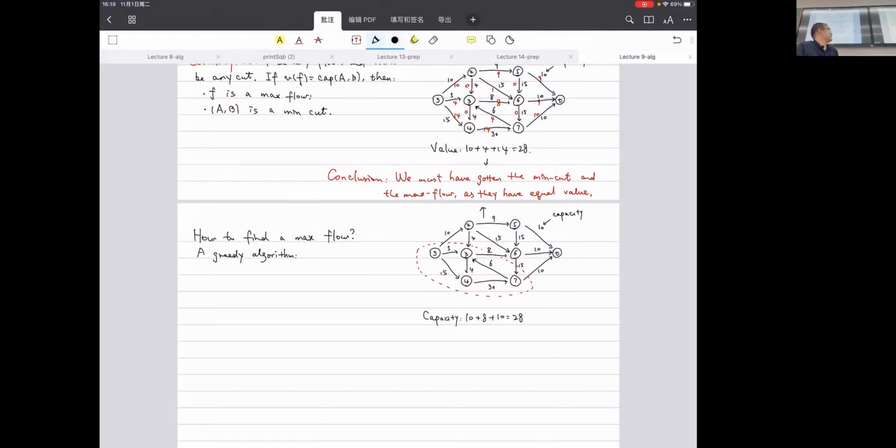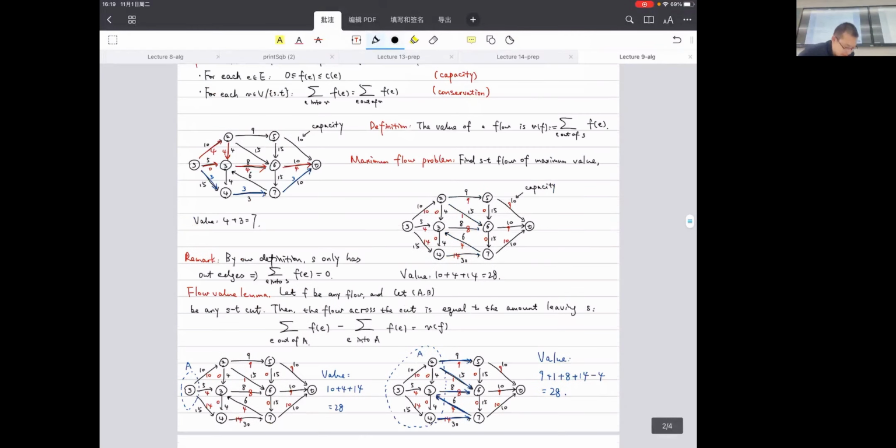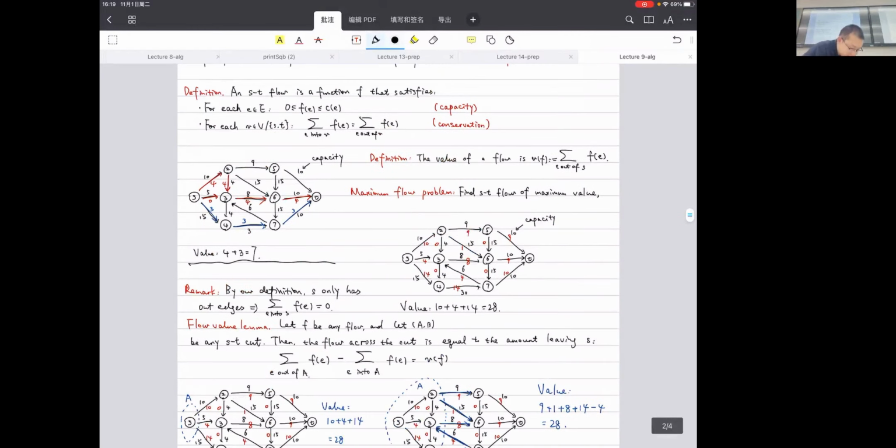So here we need to think about what is the point that we want to make greedy, and what strategy we are going to use. For instance, in this example, we are drawing some paths here. At first, we only consider a very simple case where we only have the red edges.